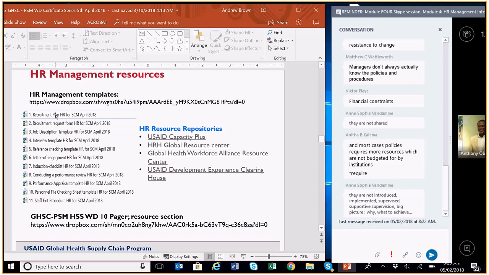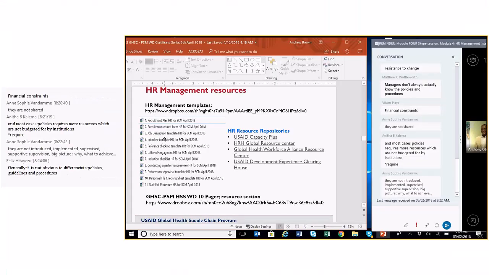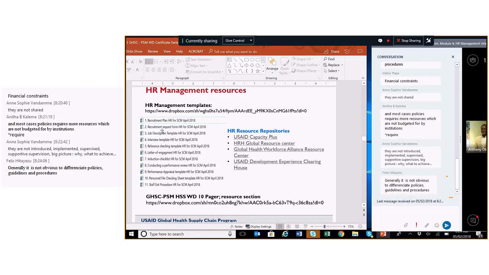You can get access to this link from this slide deck, which is in the Dropbox that was provided with this invitation. Basically, in that Dropbox is a whole range of templates that I have prepared and actually used in my own business, running of businesses historically, that I've provided for people to have a look at to get an idea of some of the tools that can be helpful.